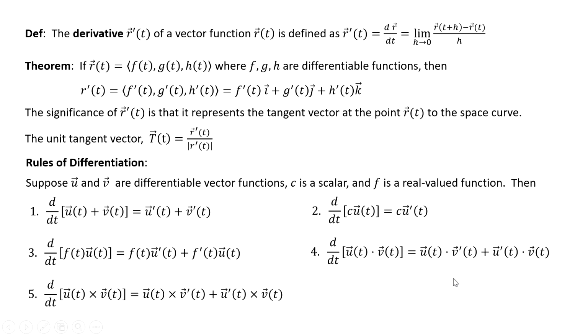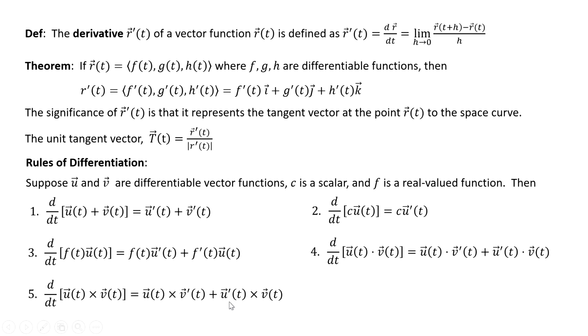And the cross product. There's something that you need to be careful about here. Let's see. First function cross the derivative of the second function plus the derivative of the first function cross the second function.